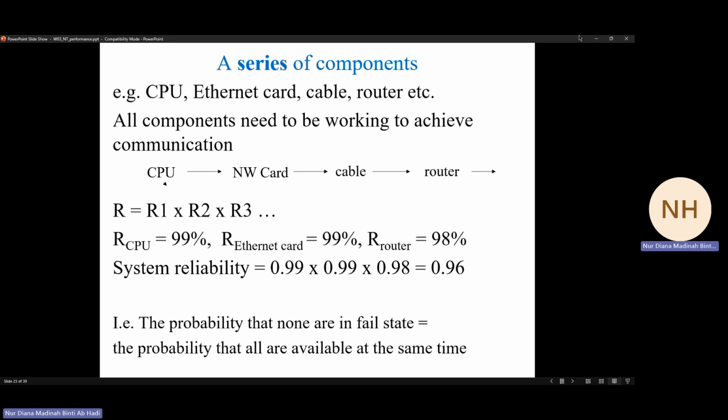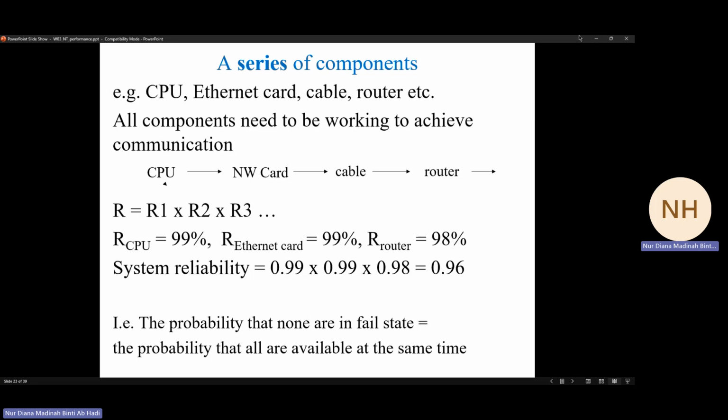All of this will be considered as R1. So our CPU would be 99%, your Ethernet card would be 99%, your router will be 98%. Bear in mind, your R actually is your component.